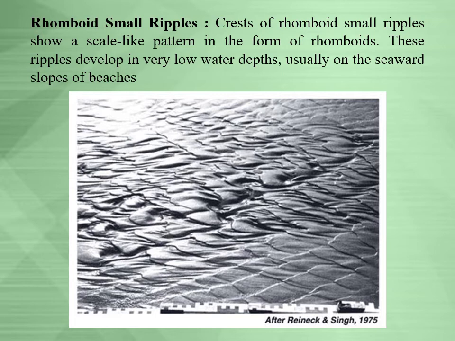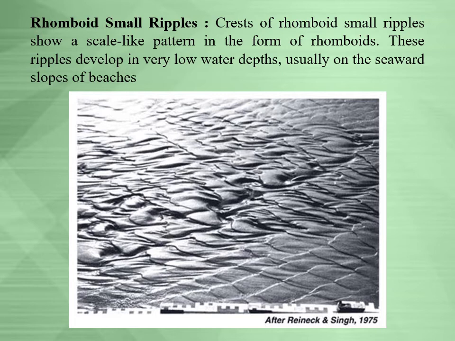Now another kind of ripple is the rhombic ripple, or often people call it rhomboid ripple. These ripples are generally formed in aqueous condition, and they are current ripple marks.